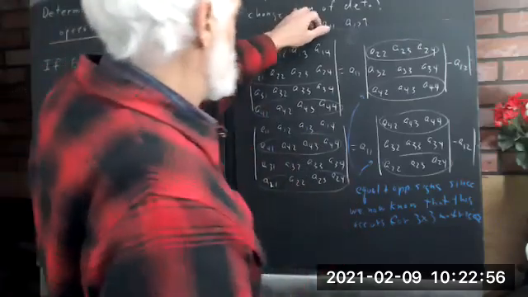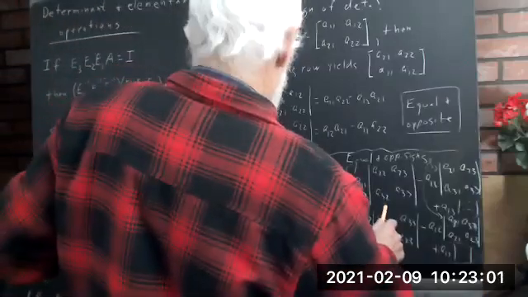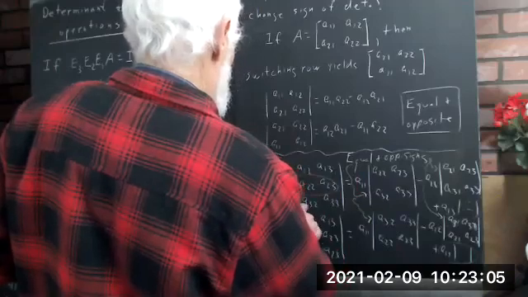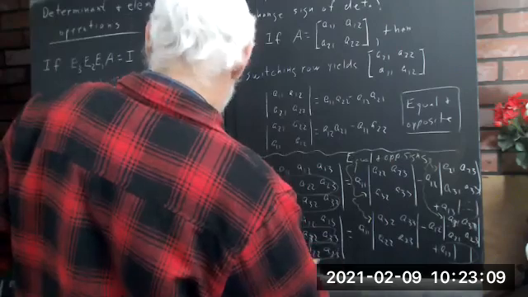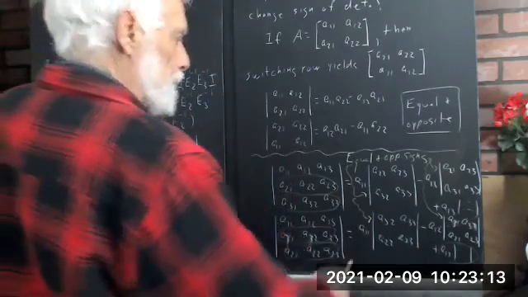It occurs to me it might be clearer if I circle the rows here and show that.